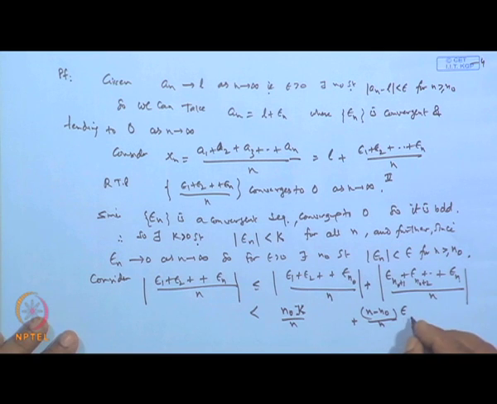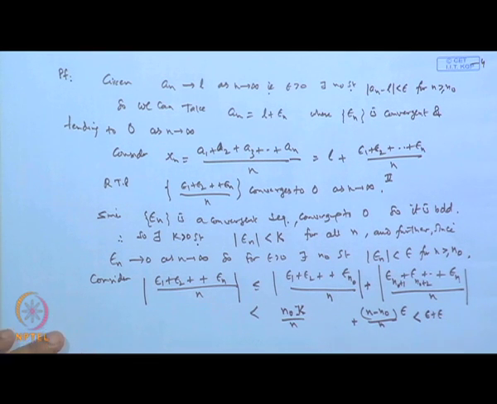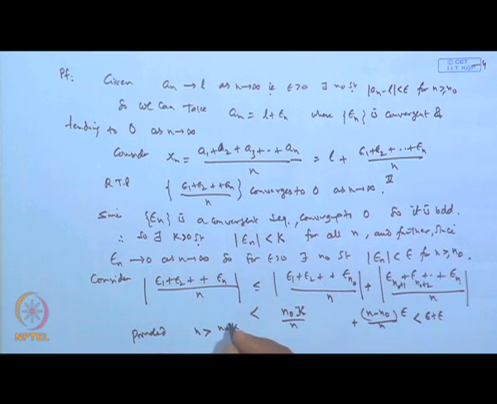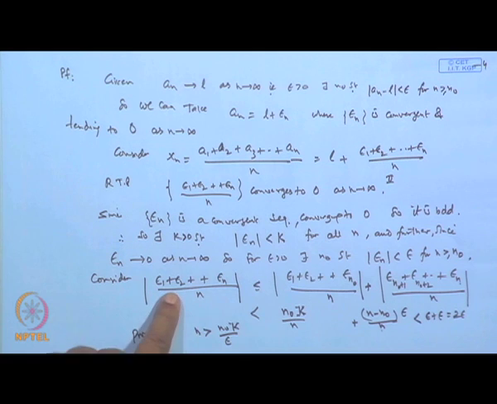This is less than epsilon provided n is greater than n naught k by epsilon. If I take n greater than this, then this part is less than epsilon, and this is less than 1, so this is already less than epsilon. So, total is less than 2 epsilon. So, this part, when n is sufficiently large, goes to 0.